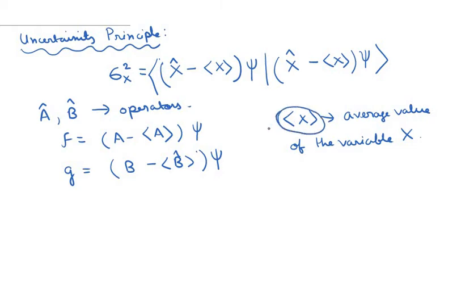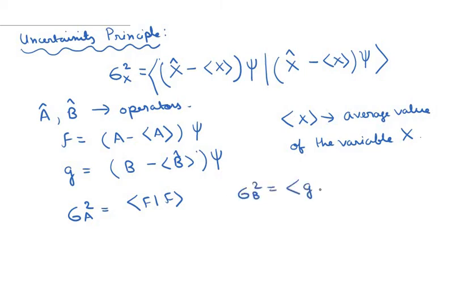Now sigma a square is nothing but the inner product of f with itself. Similarly, sigma b square is nothing but the inner product of g with itself.